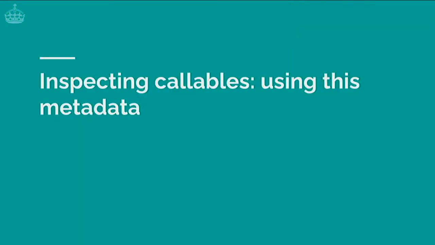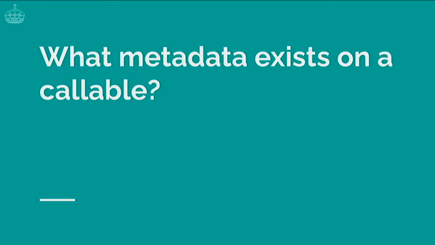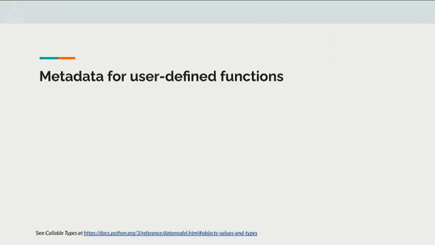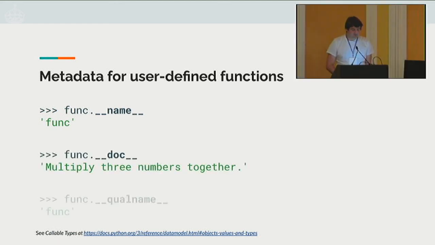So just to recap some of the metadata that we've got available when we introspect a callable, what metadata do we have? Using this example function here that's got a positional-only argument, a positional and keyword argument, and a keyword-only argument, plus some lovely type annotations, let's look at the data that's available. We've got a name, obviously, and the docstring.